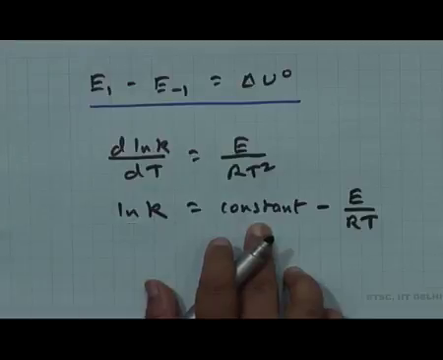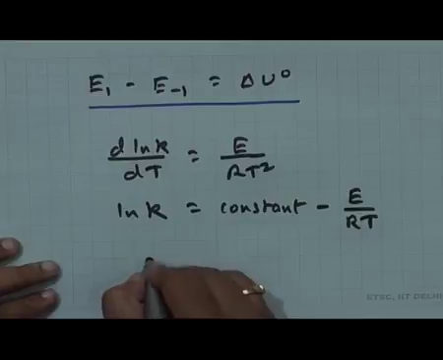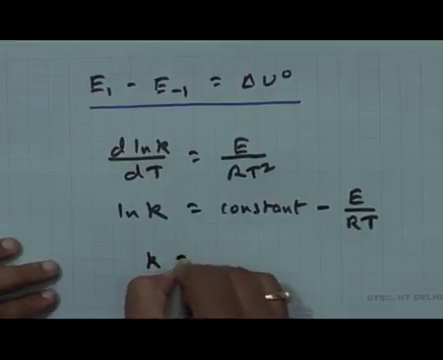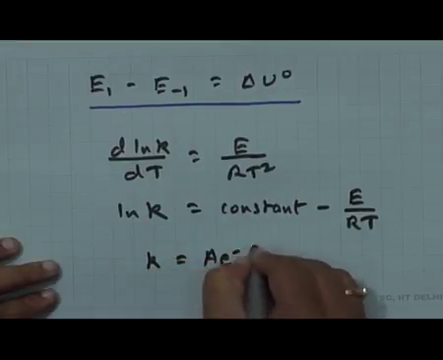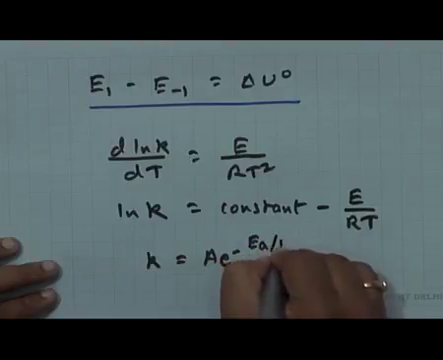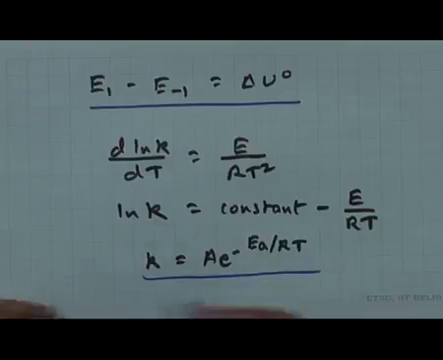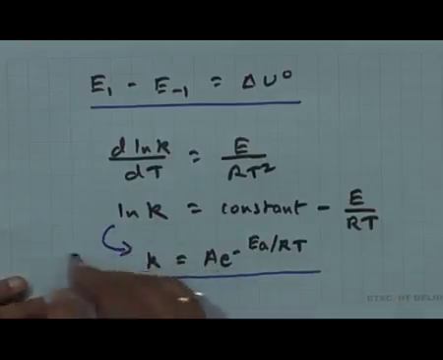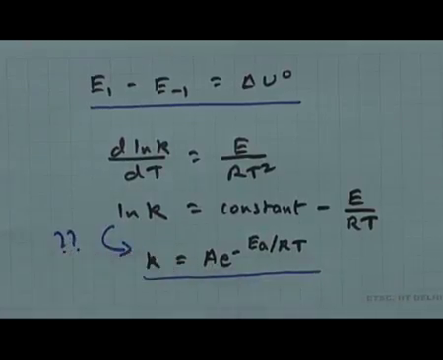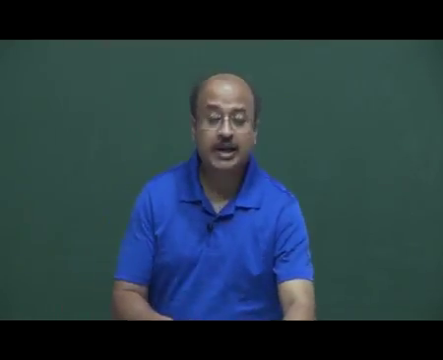So, you should be able to understand how we can write the next step, where I can write that k is equal to A e to the power minus E_a over R T, right. You should be able to figure out by yourself how from here to here I can write the same. But anyway, what it tells you is, it gives an idea of how this Arrhenius equation came about.